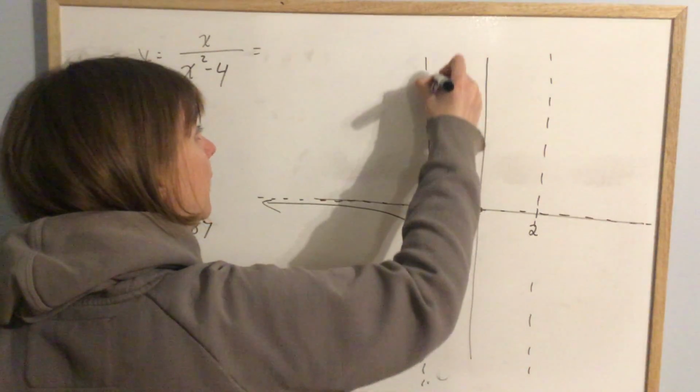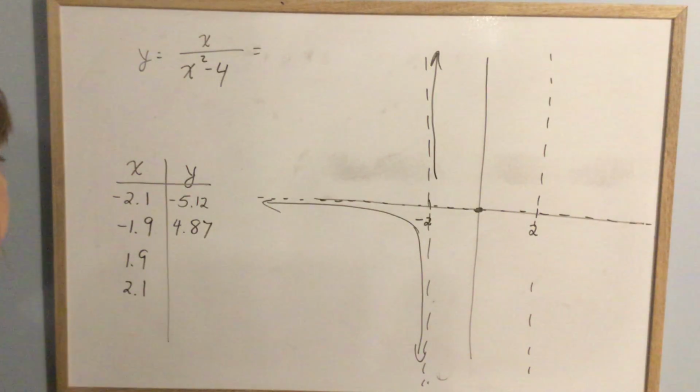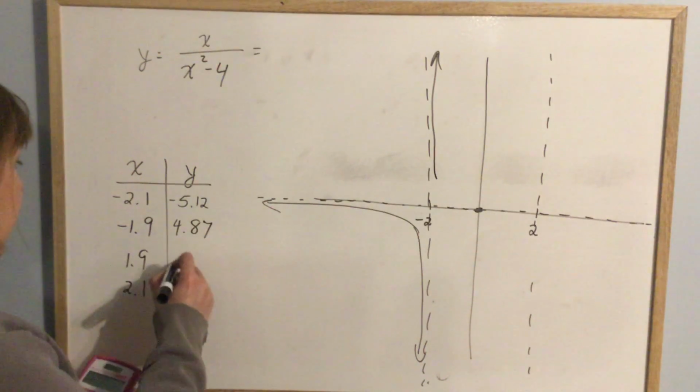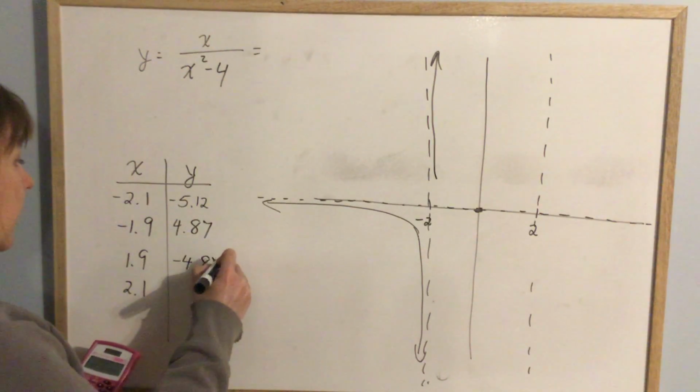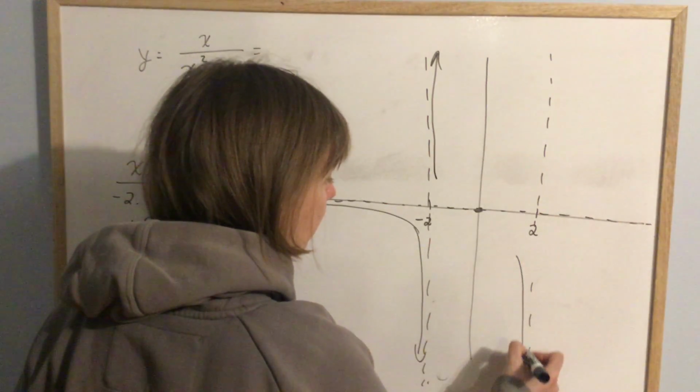So on this side, I'm headed up. +1.9, I would get 1.9 squared minus 4, and 1.9 divided by my answer, I actually get -4.87. So it's actually headed down this way.